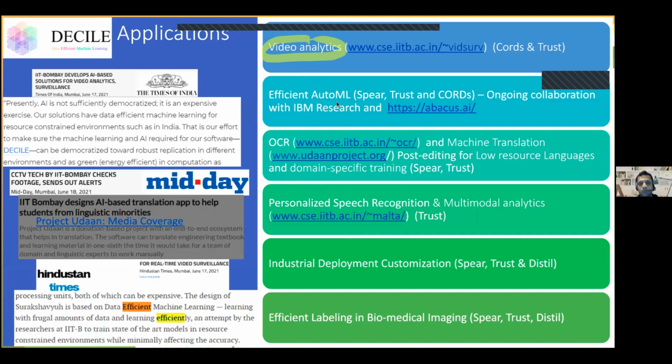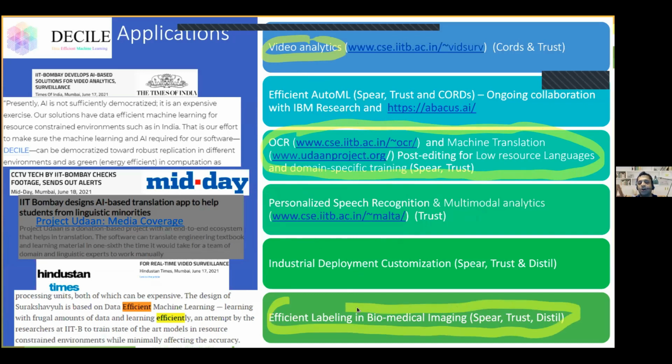I've also been working with Abacus, IBM Research on efficient AutoML. We made good use of this for low resource language settings for optical character recognition and machine translation, especially post editing for low resource languages. We made extensive use of Spear and Trust there. And likewise for personalized speech recognition, we made use of Trust. And we have upcoming very interesting use cases of all of these in biomedical imaging.